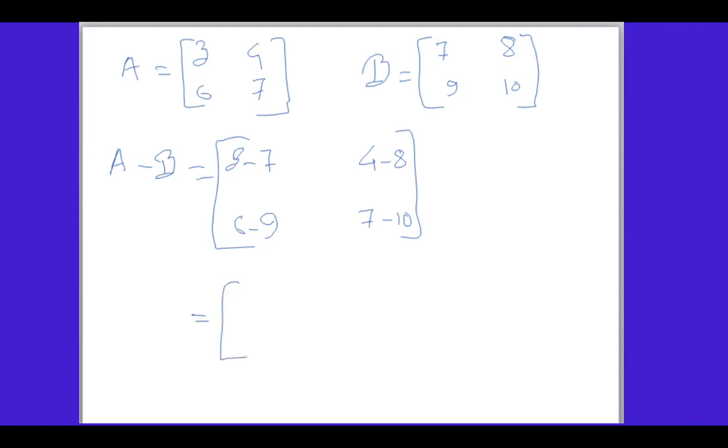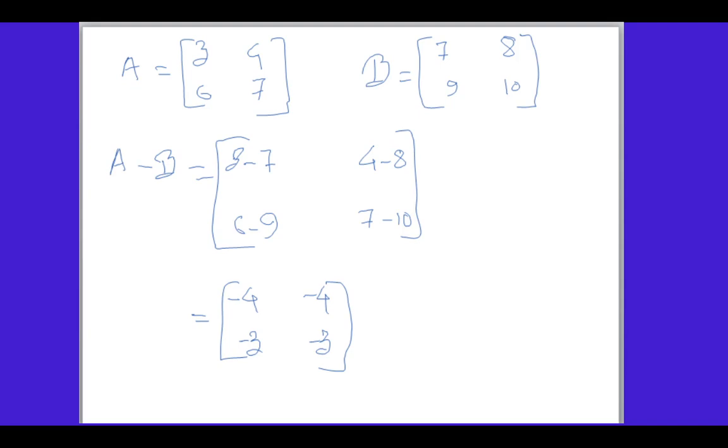So what will be the result? 3 minus 7 is minus 4. 4 minus 8 is minus 4. Minus 3, minus 3. This will be the answer. So these are matrix addition and subtraction.